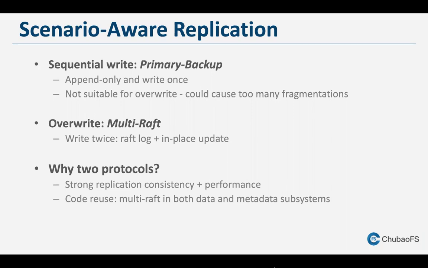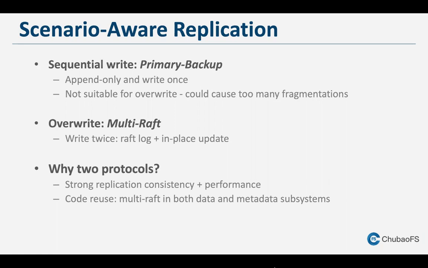When we employ primary backup replication for overwrites, it can potentially cause too many fragmentations, because each overwrite probably needs to create small chunks for the overwritten parts and use some kind of linked list data structure to link all these overwrite parts and the original parts together. So as long as the overwrites go on, we will have too many fragmentations that eventually need defragmentation, which is a pain for us.